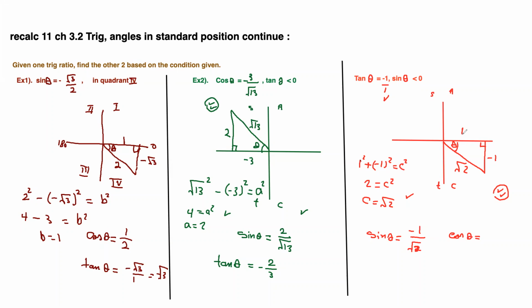For cosine, it's adjacent over hypotenuse, so 1 over √2. And if you notice, the sine here is negative and the cosine is positive, and only the cosine could be positive there. That's a proof of why only the cosine is positive there, because you label according to where you are. If you're here, then the x-axis here is positive, but this here is going along the y-axis. That's the part of the y-axis that's negative.